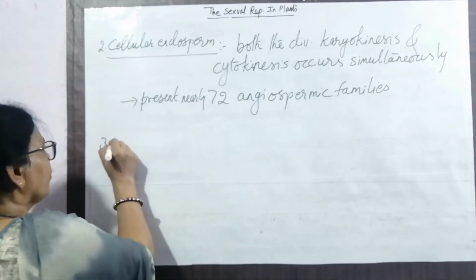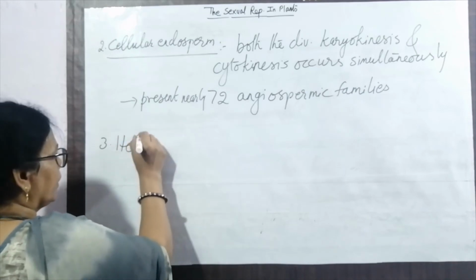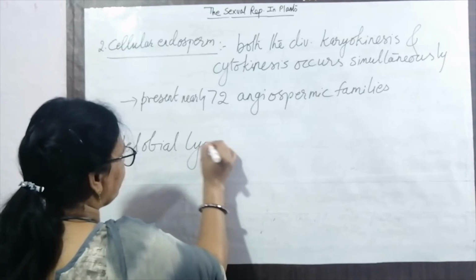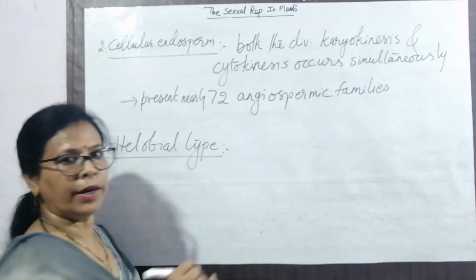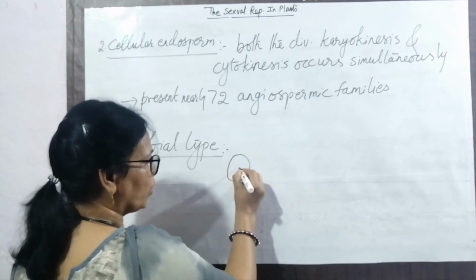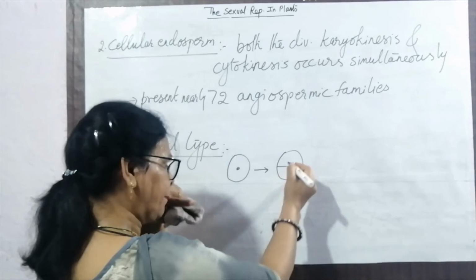The third type of endosperm formation is the helobial type. In the helobial type of endosperm development, the primary endosperm nucleus first divides mitotically to form two cells.